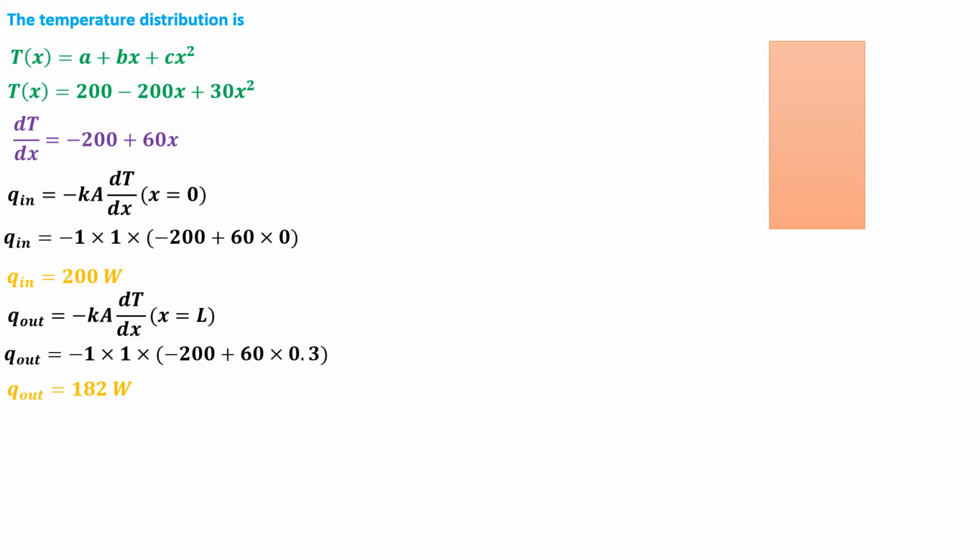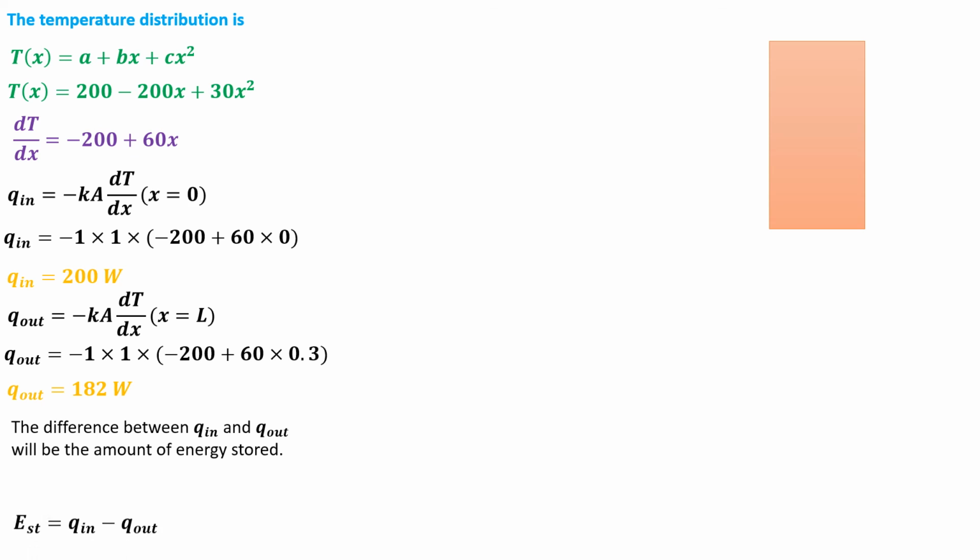Now we have to find the value of energy stored within the wall. The difference between Q in and Q out will be the amount of energy stored within the wall. So simply E stored is equal to Q in minus Q out. It is logical that 200 watt of heat is entering the wall, and 182 watt of heat is going out from the wall.